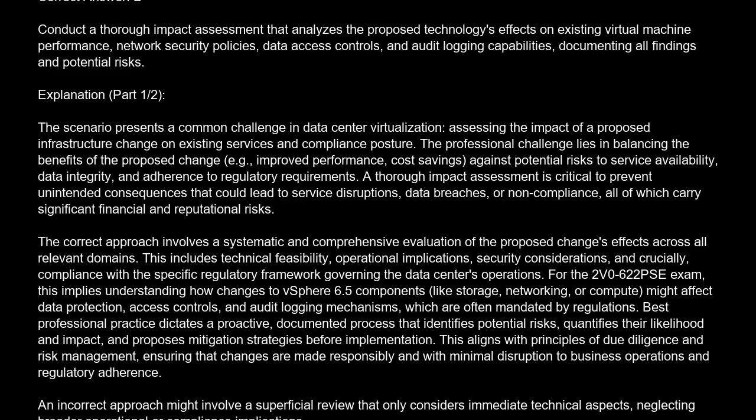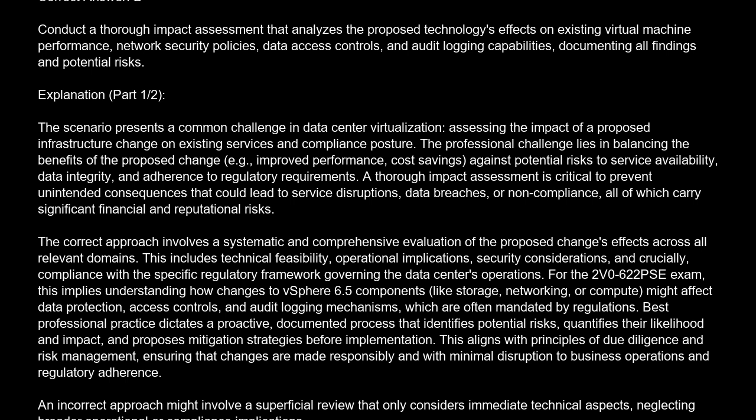Correct answer is B. Conduct a thorough impact assessment that analyzes the proposed technology's effects on existing virtual machine performance, network security policies, data access controls, and audit logging capabilities, documenting all findings and potential risks. Explanation. The scenario presents a common challenge in data center virtualization, assessing the impact of a proposed infrastructure change on existing services and compliance posture.